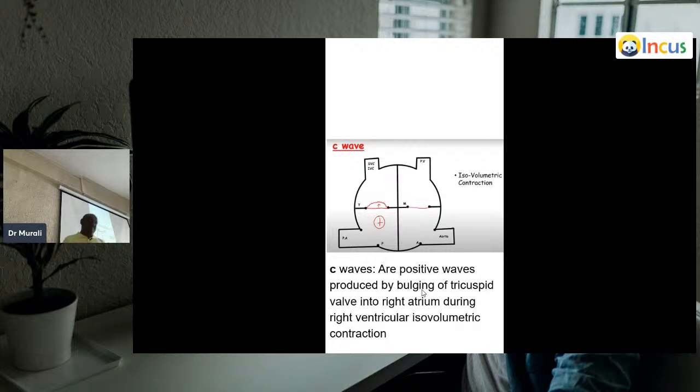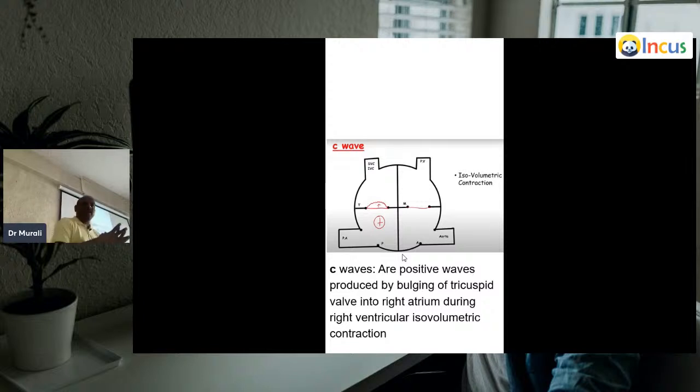Next comes the C wave. So basically, the C wave is a systolic wave. That means the ventricle is contracting and pushing the blood into the aorta, or into the pulmonary artery on the right side.